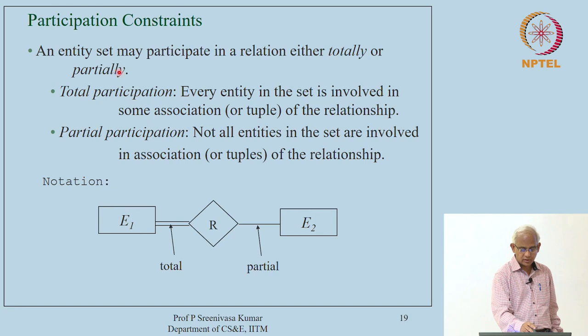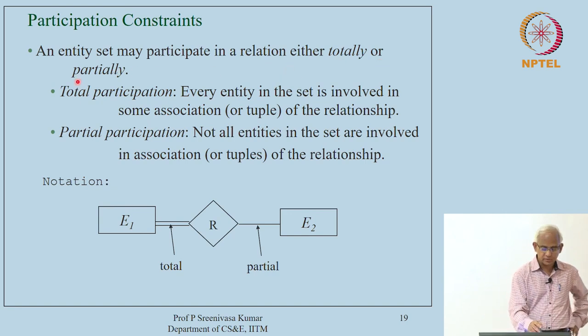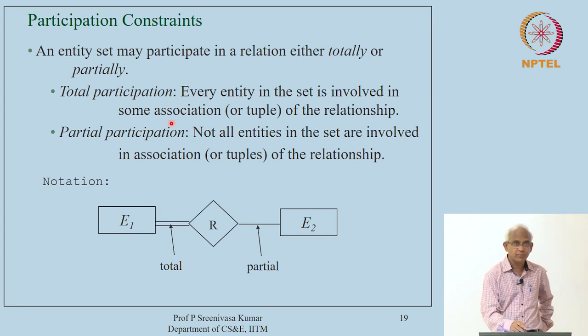An entity set may participate in a relation either totally or partially. What do we mean by total participation? Every entity in that entity set, for example E1, is involved in some association or tuple of this relationship. That means it appears in at least one tuple. So that is the minimum, right?